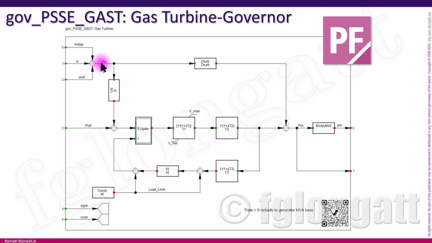Also, in this frame, on the left-hand side are located all the inputs for the whole model, and on the right-hand side in red color, you can see the outputs. So navigating this diagram is very simple.